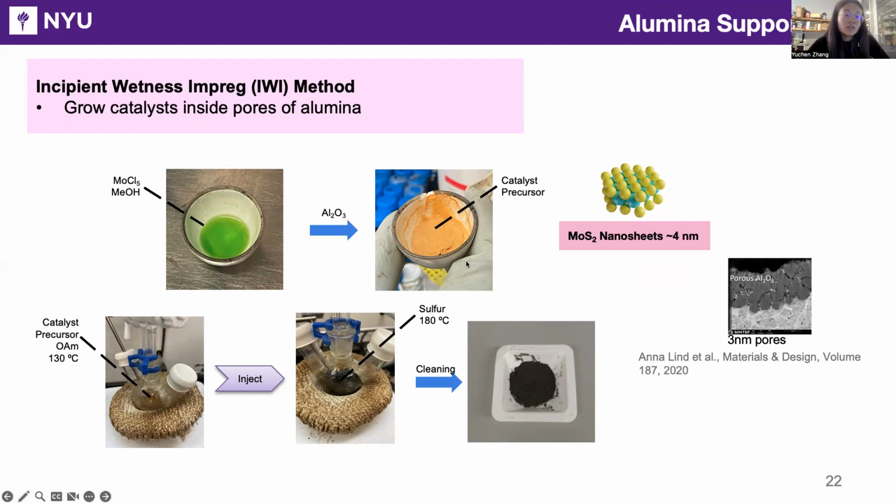On the next day, we use the same hot injection method as we used to synthesize normal MoS2 nanomaterials, before cleaning them with organic solvent and drying to get these dark particles. By this process, we hope to grow the nanomaterials directly onto the alumina support to avoid aggregation in ligand engineering.